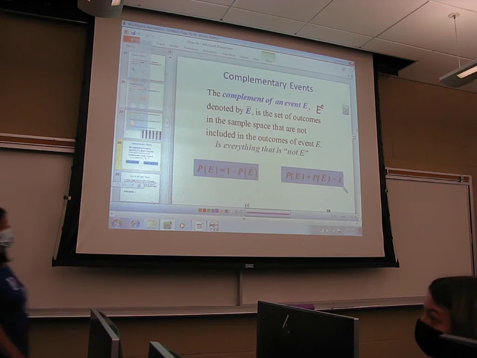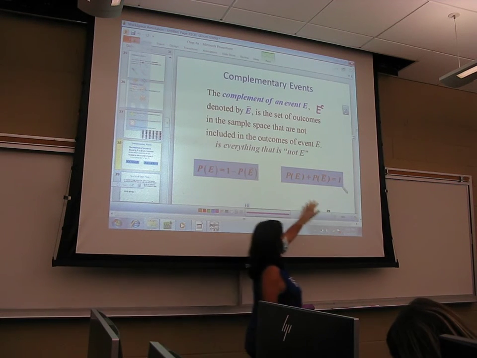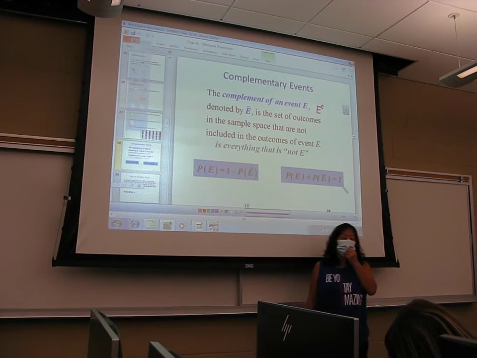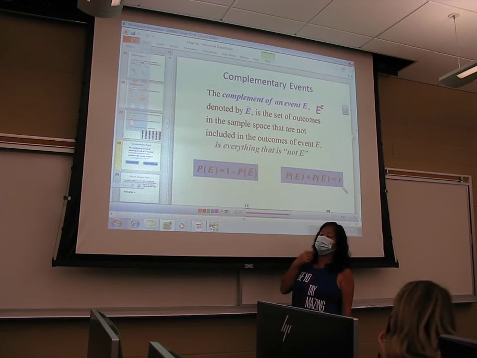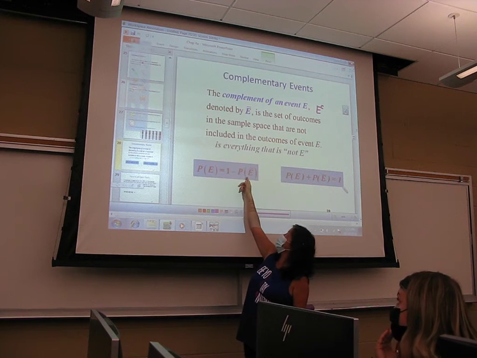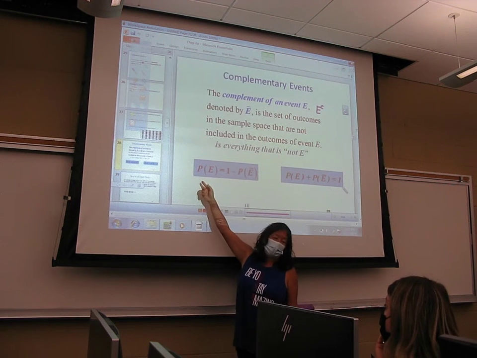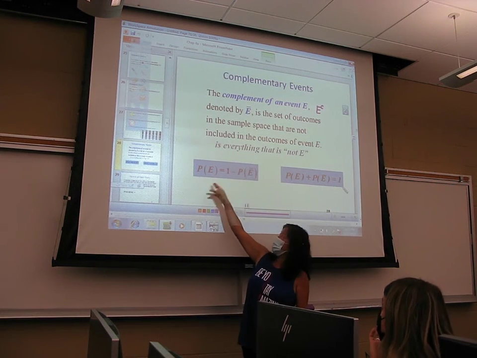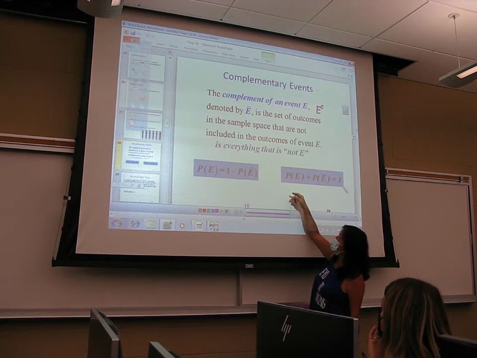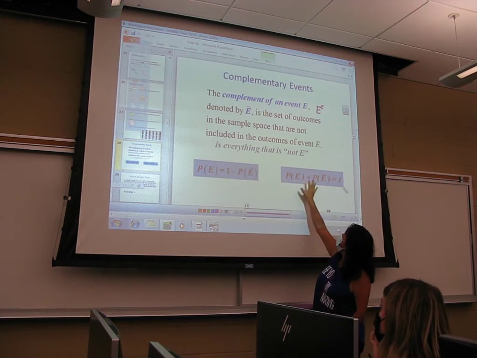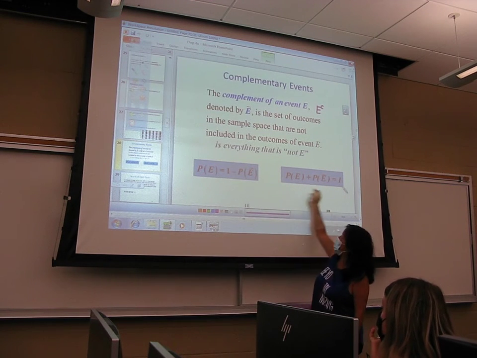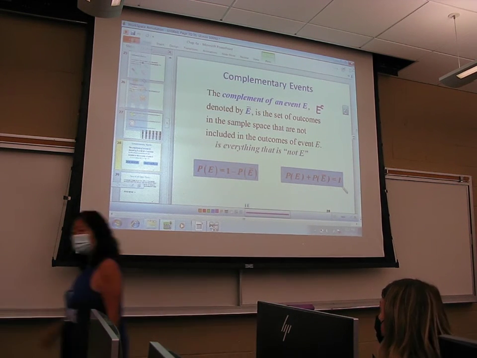Which also means that if I have the complement and I want to find E, 1 minus the probability of the complement should give me the probability of E. And this one comes in kind of useful. How do you get from one to the other? You simply subtract the probability of E bar from both sides. If I subtract it from here and subtract it from there, I would get this over here.